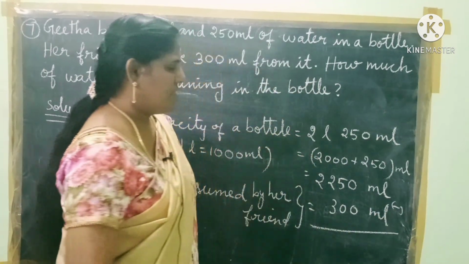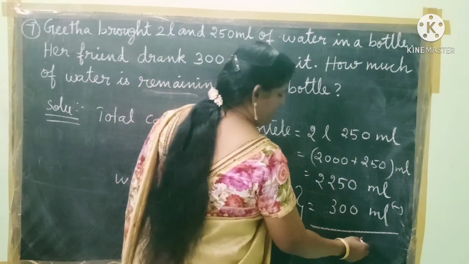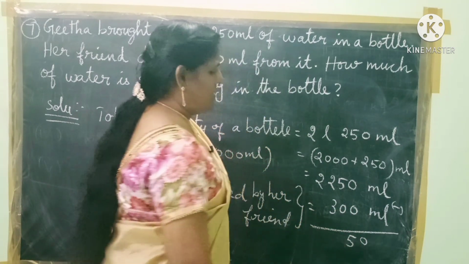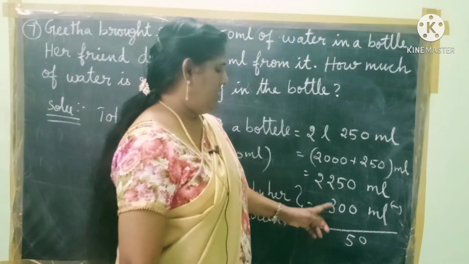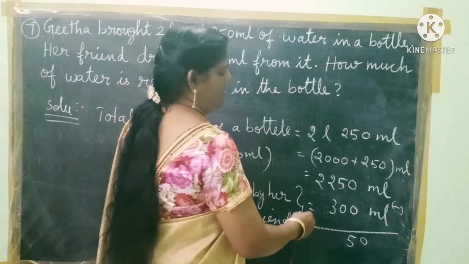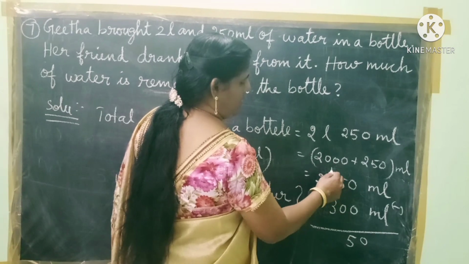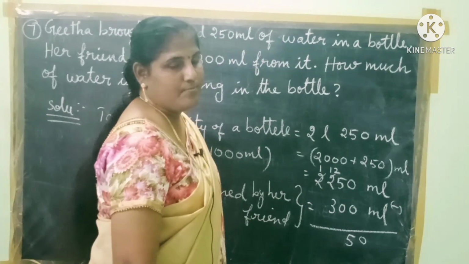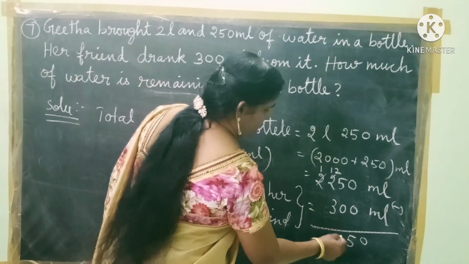Subtraction. 0 minus 0, 5 minus 0, 5. Here 2, here is 3. So 2 is smaller than 3, so you take borrow, it becomes 12 and the other becomes 1. So 12 minus 3, yes, 9.